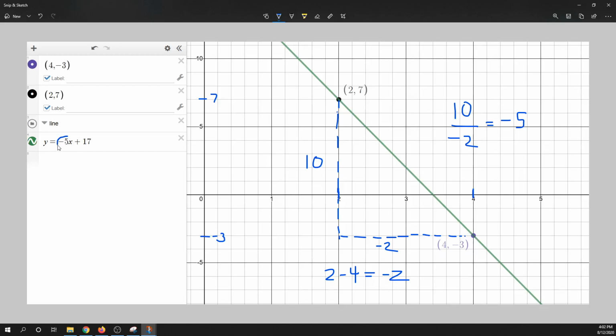And it's no coincidence that the number with x is negative 5, which is our slope, okay? And so this is something called the slope-intercept form of a line, and that number with the x in the slope-intercept form is the slope of the line. All right, that's it for this one.